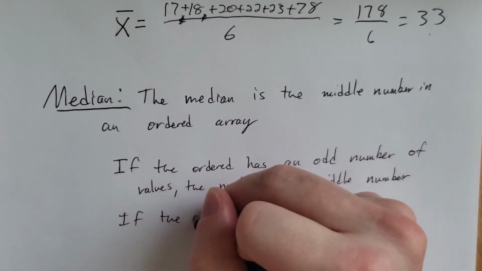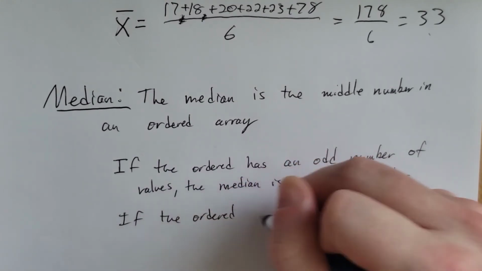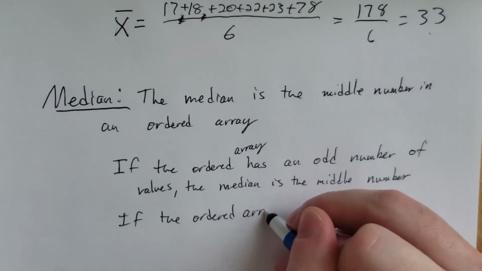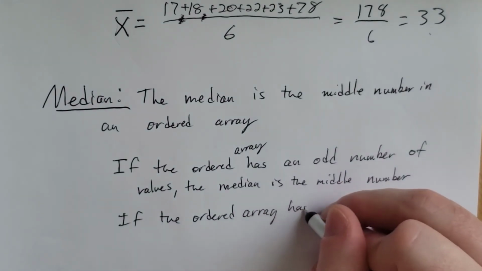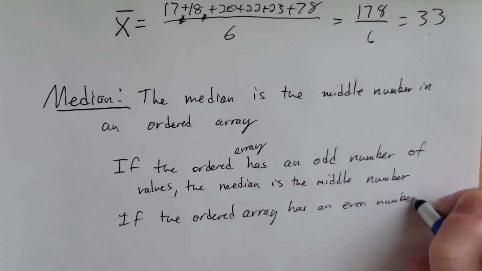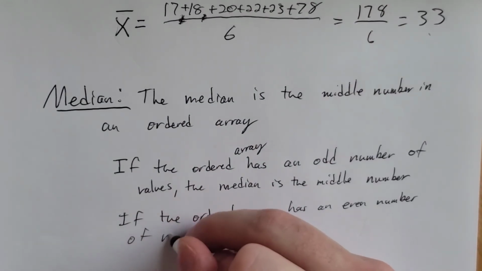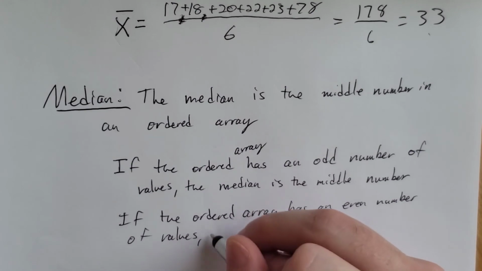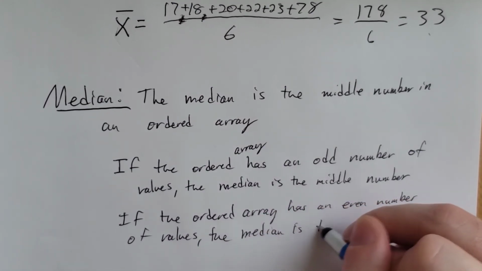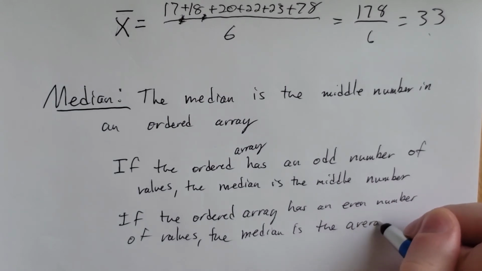If the ordered array has an even number of values, the median is the average of the two middle numbers.